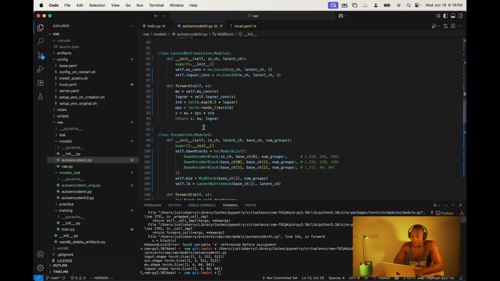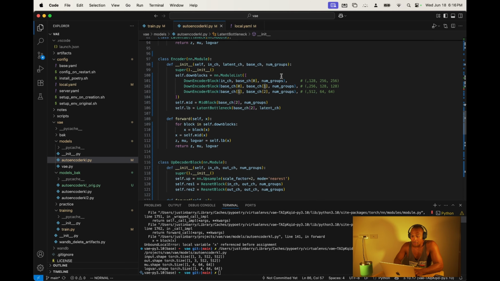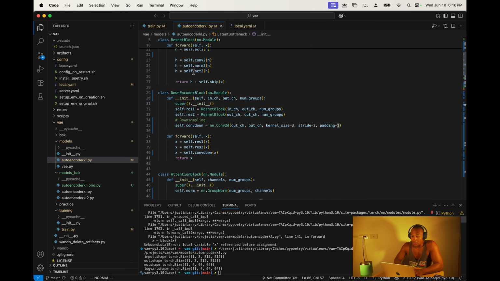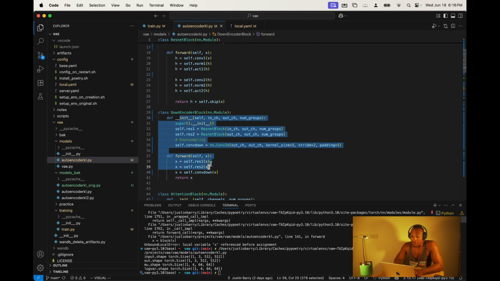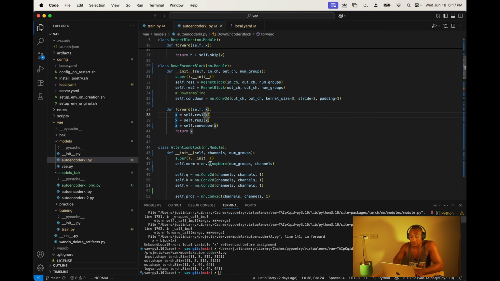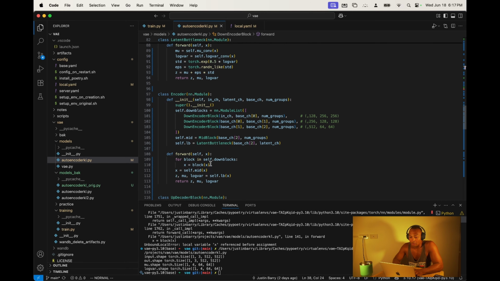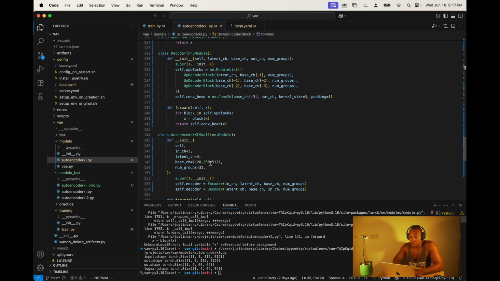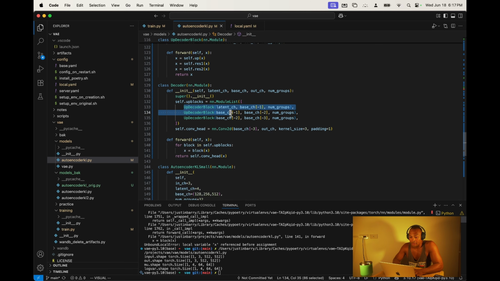You have your latent bottleneck, which gives you your spatial latents. Then your encoder has your down encoder blocks, which are just ResNet and then a downsample convolution operation. All of these things we've done before in previous videos. Your decoder is just upsampling using nearest neighbor by a factor of 2, and then ResNet.